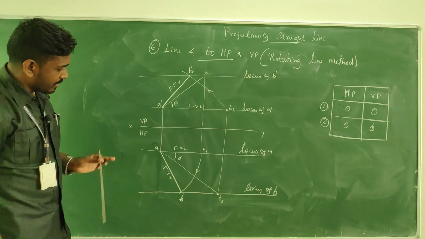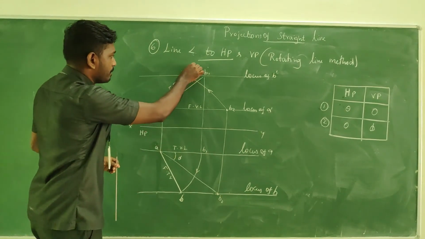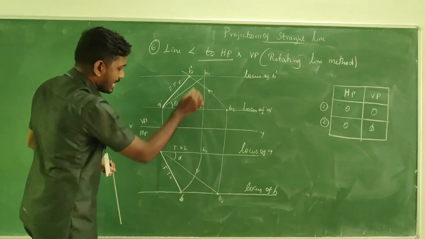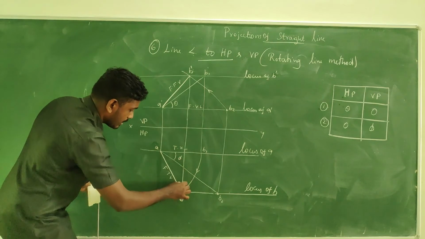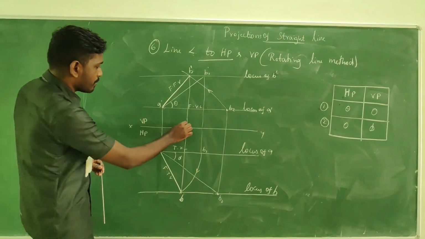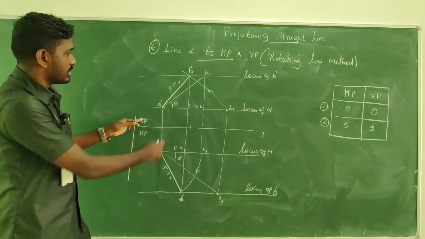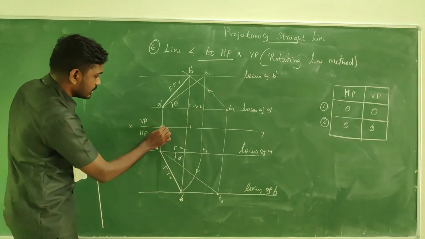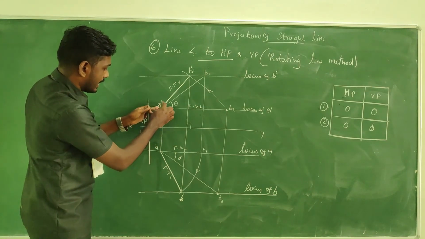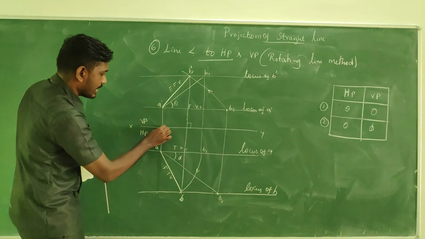Okay, final front view. And if you connect B dash to B1 with a line, it will be a perpendicular line to XY. This we call the projector line, and the distance between the projector A dash to A and B dash to B, we call the end projector.